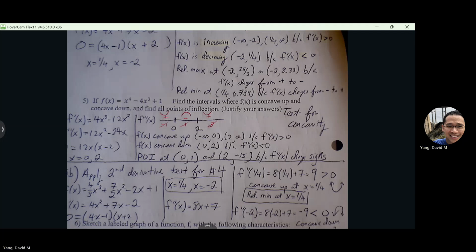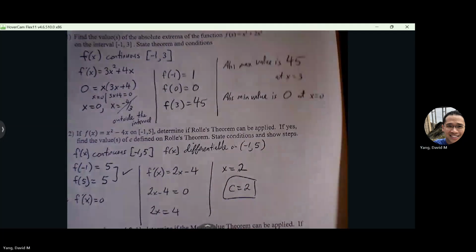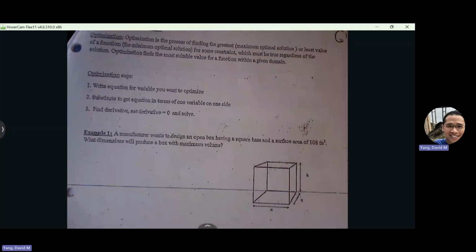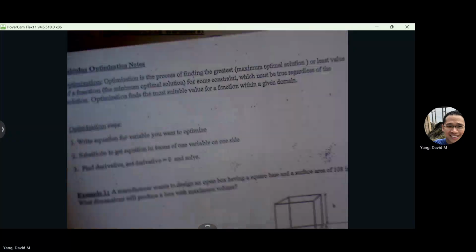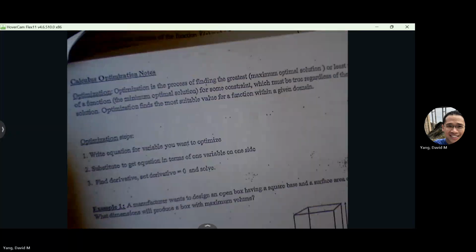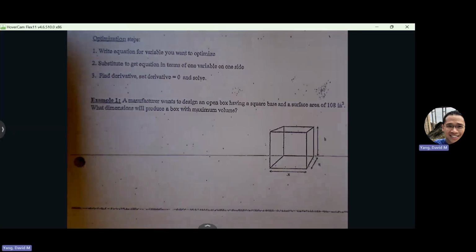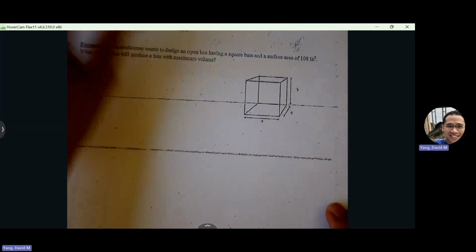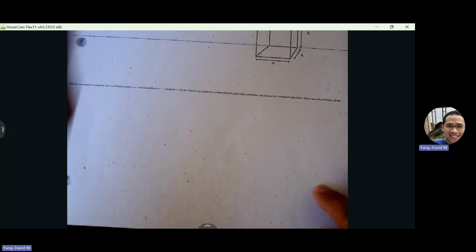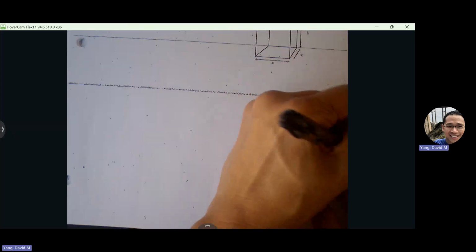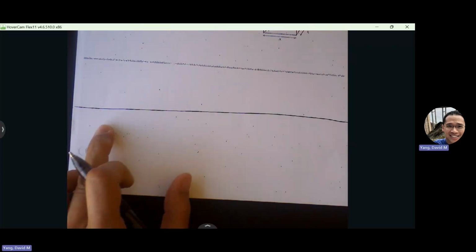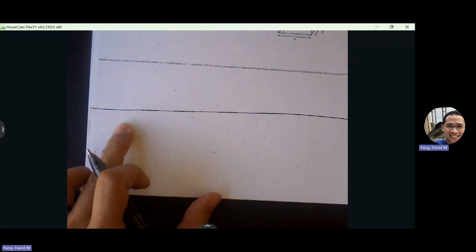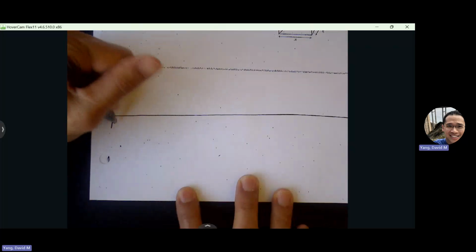So why don't we use the bottom half of it says page 32. It says optimization notes. The optimization won't be on it. This won't take the whole page. So if you can just go to the very bottom here, and we'll just do a critical point problem, finding critical points problem here on page 32.